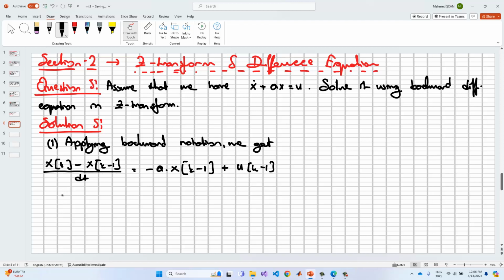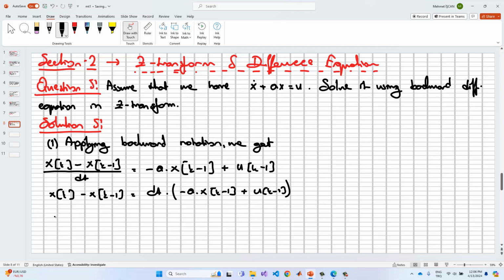So x[k] minus x[k minus 1] is equal to dt times minus a x[k minus 1] plus u[k minus 1].